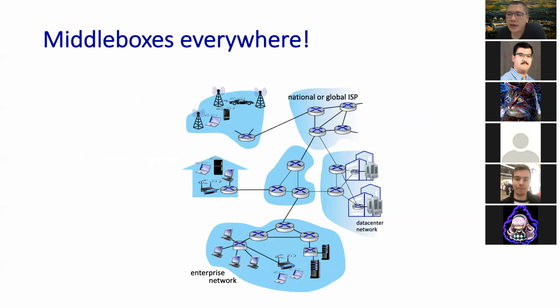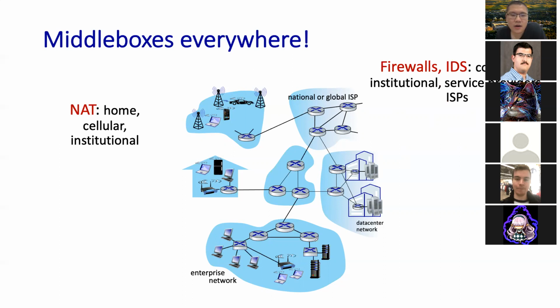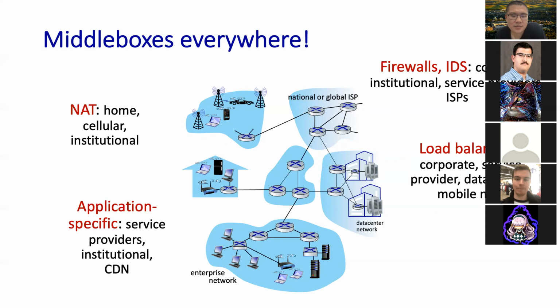So why do we need to know about middle boxes? I think middle boxes are everywhere. For example, what is the IP function, right? The IP function is just based on the IP address, to quickly identify the destination. Other than that, other functions are middle boxes. For example, NAT, network address translation, right? Firewalls or some IDS, load balancers, and application-specific functions.